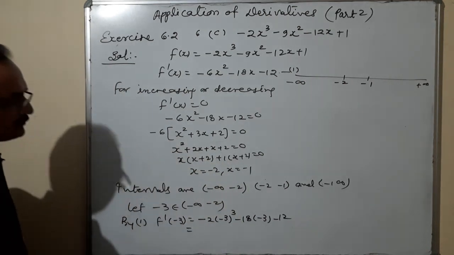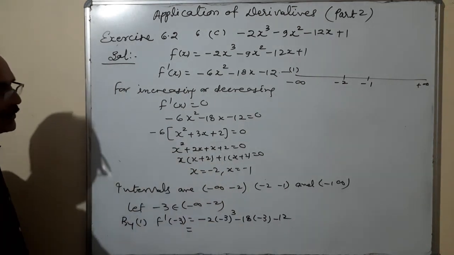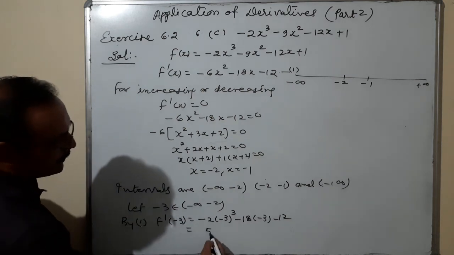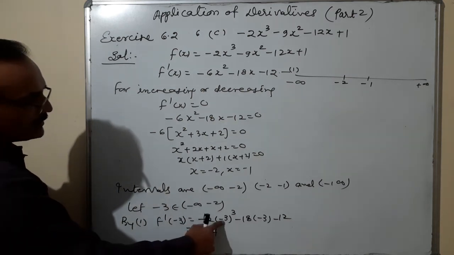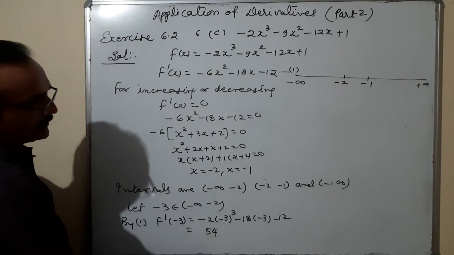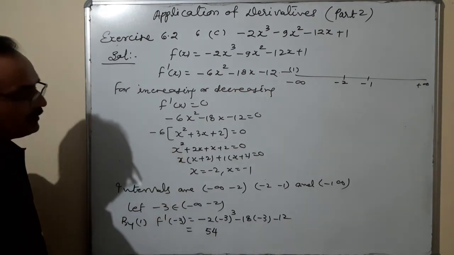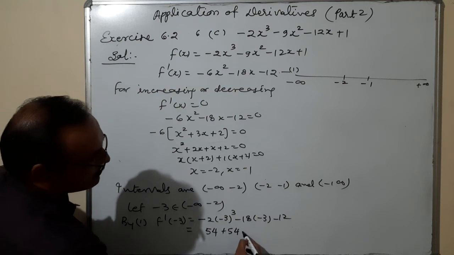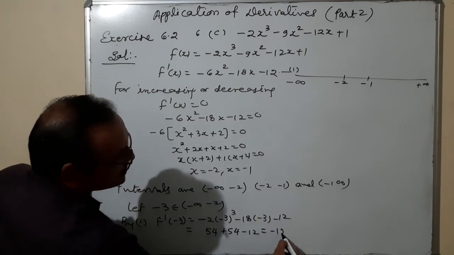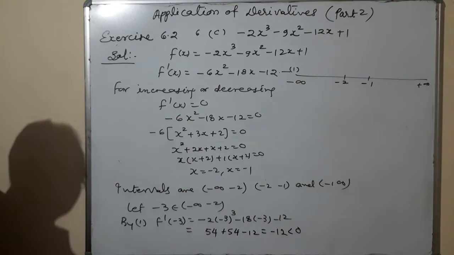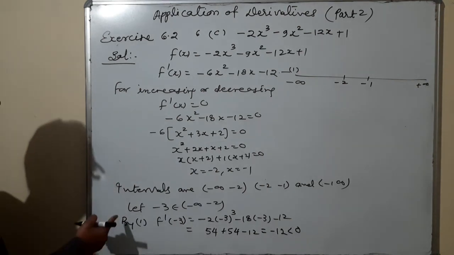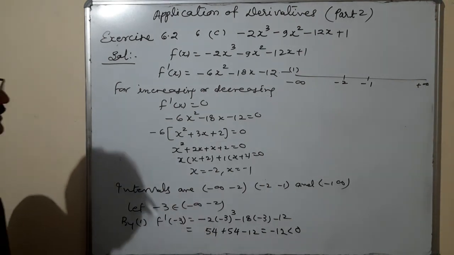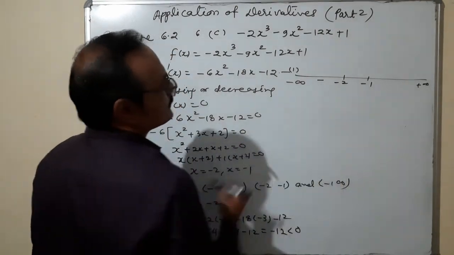Okay. 3 3 is 9, 9 times 6 is 54, and the final sign is minus. Then minus 18 into minus 3 is plus 54. So minus 54 plus 54 minus 12. 54 cancels, minus 12 is less than 0. And minus 12 is less than 0, that means the function is decreasing in this interval. Okay. So here the function is decreasing.